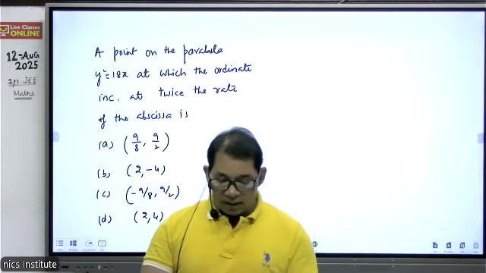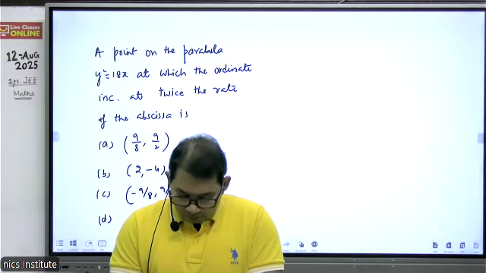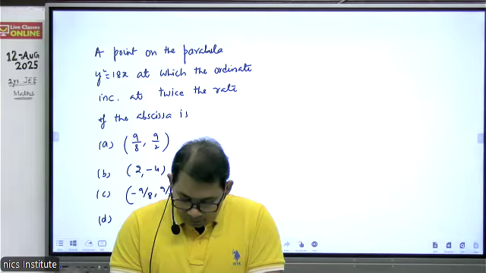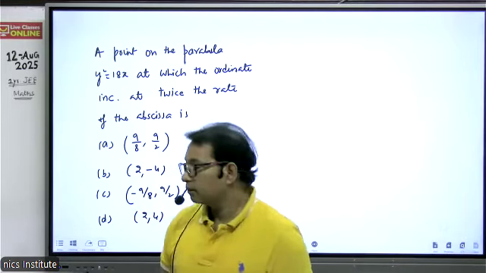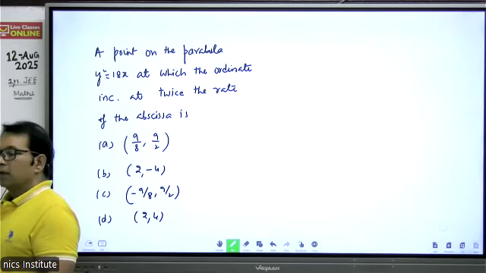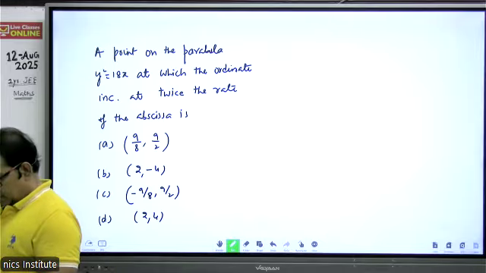Abscissa is x coordinate, ordinate is y. At which the ordinate increases at twice the rate of abscissa. So you've been given a relation between dy by dt and dx by dt. Try.